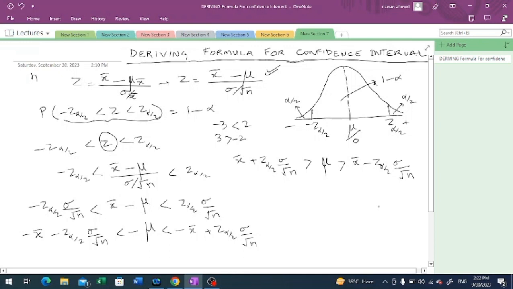Now to identify the lower bound and upper bound, we need to look at the starting factor on both the bounds. It is x bar. And when we are adding something to x bar, it will represent the upper bound because it gives us a higher value.